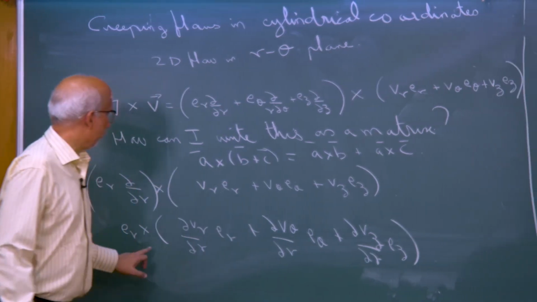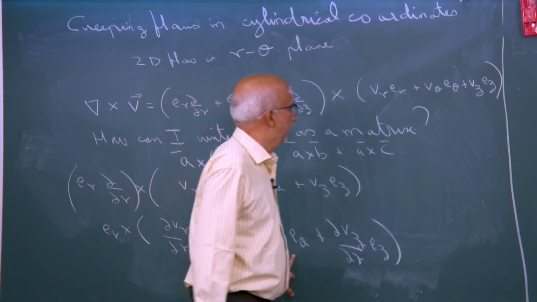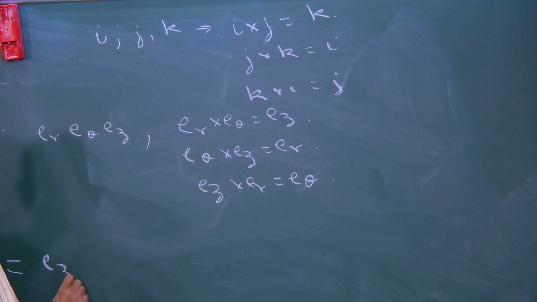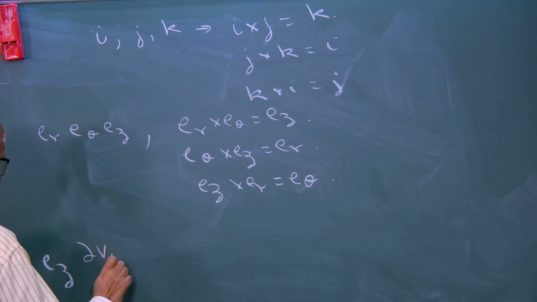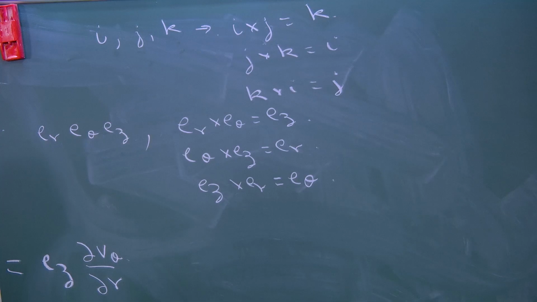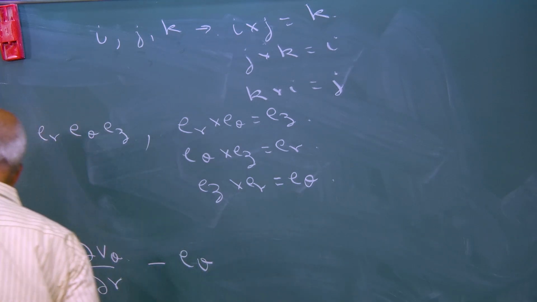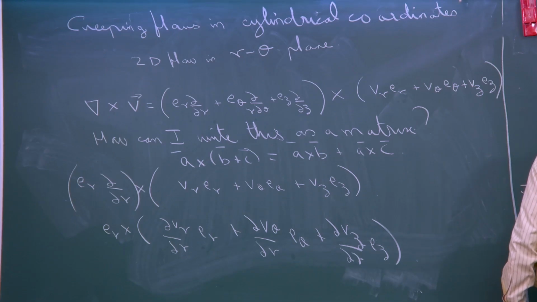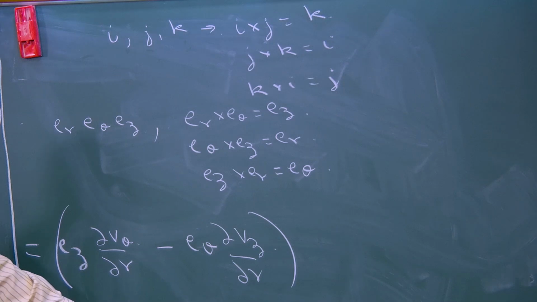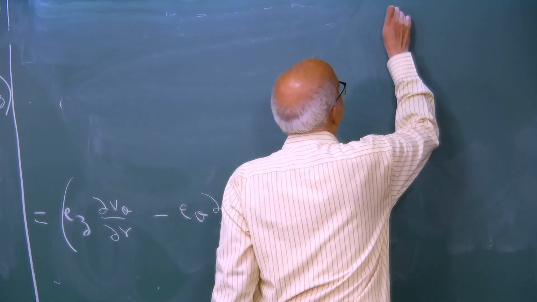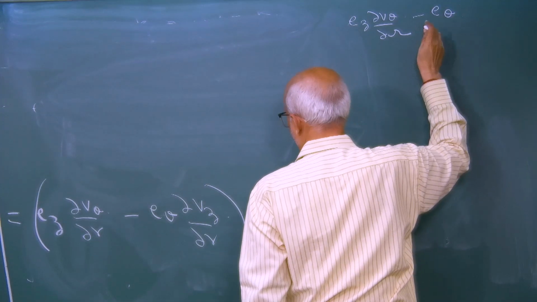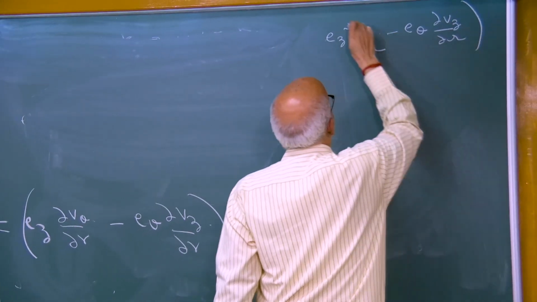So now when I do this, ER crossed with ER is 0, and ER crossed with E theta gives me Ez, dV theta by dr. And ER crossed with Ez will be minus E theta, dVz by dr. So only when I cross this with this vector, only 2 terms arise: Ez dV theta by dr and minus E theta dVz by dr. I am writing this down here because I am going to need it later on, and I hope I am copying all these things properly.